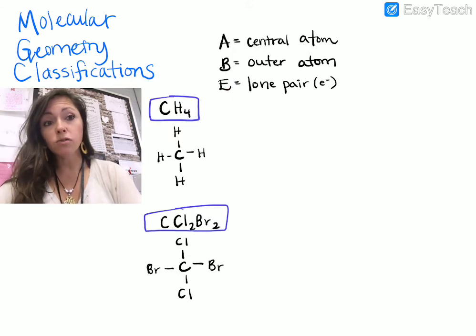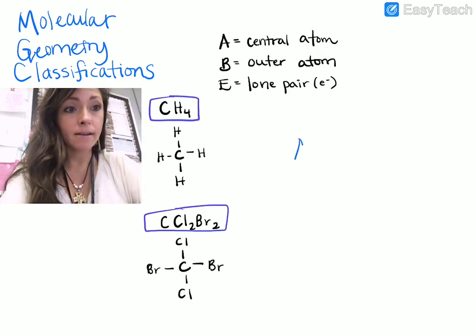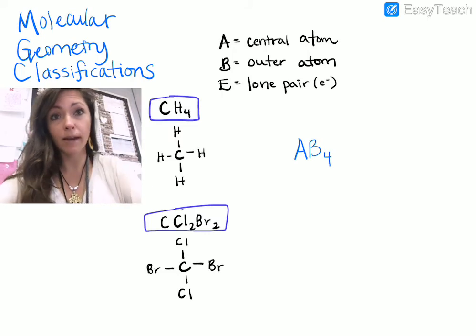So these two molecules have the same geometry. They have the same geometric classification. They are what we call AB4 molecules, okay? This is an AB4 molecule because A, as I said, represents the central atom, and B represents an outer atom.